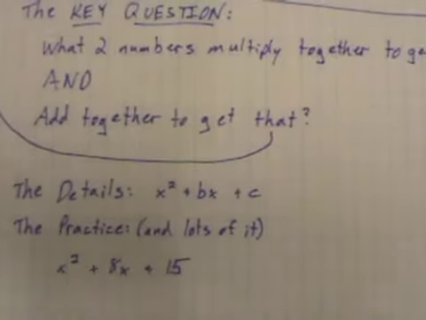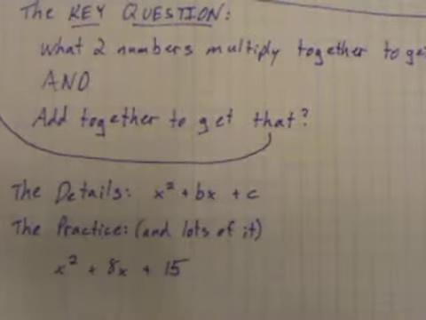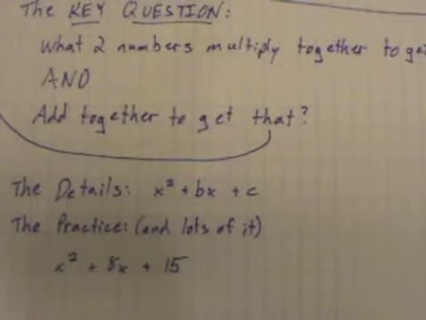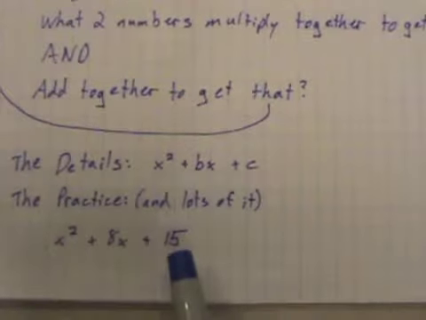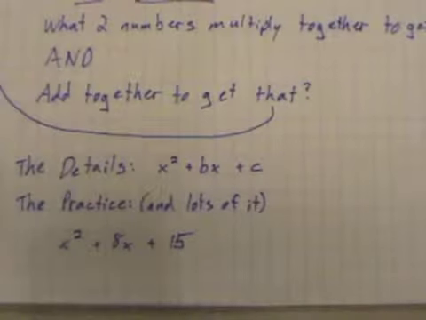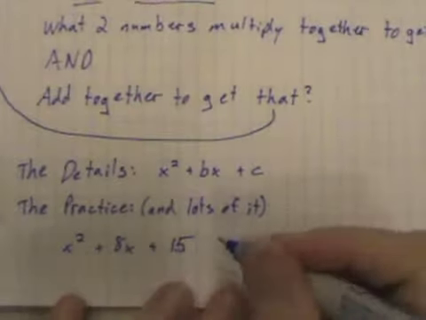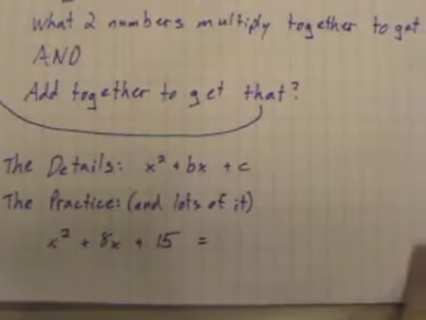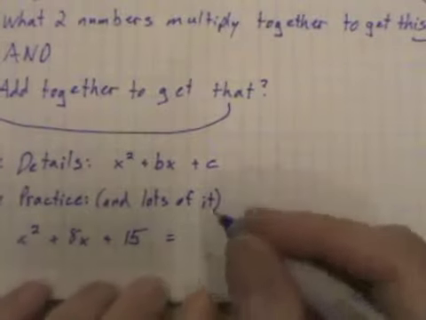Given x squared plus 8x plus 15, we have to figure out what two numbers multiply together to get 15 and add together to get 8. So first we're going to set up our parentheses.